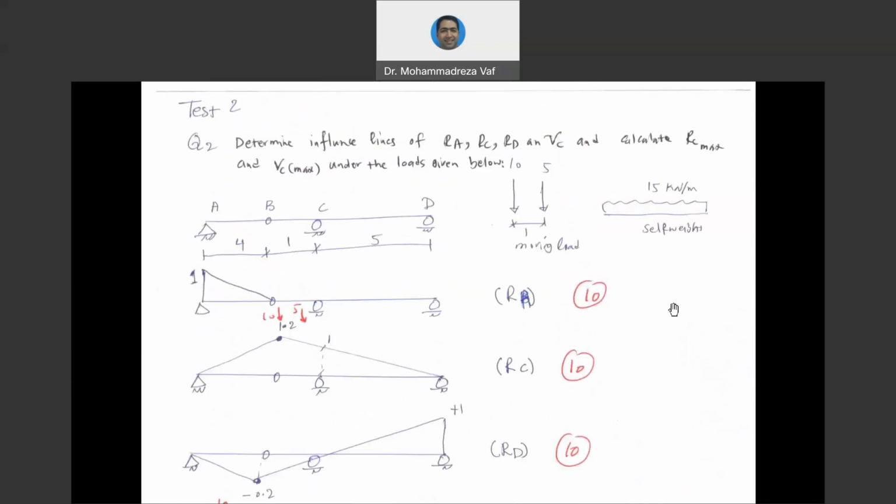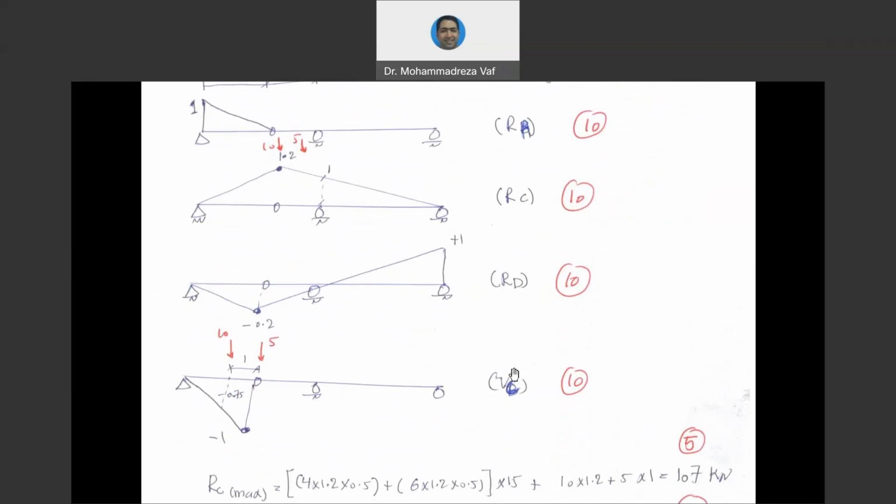For shear force, we do the same calculation. So we have uniform load again, and we have our moving load. If you look at the influence line of shear force, you can see the value is going to be always negative because we don't have any positive side inside of our influence line.